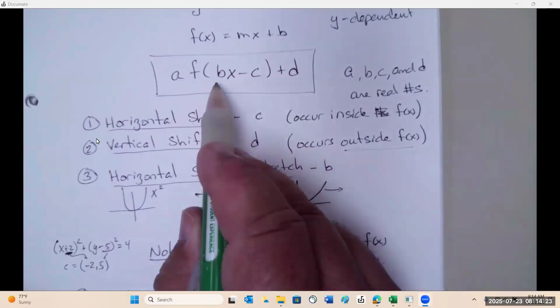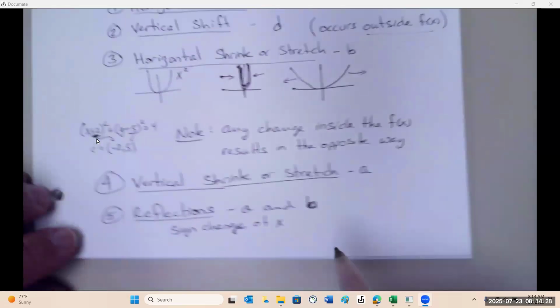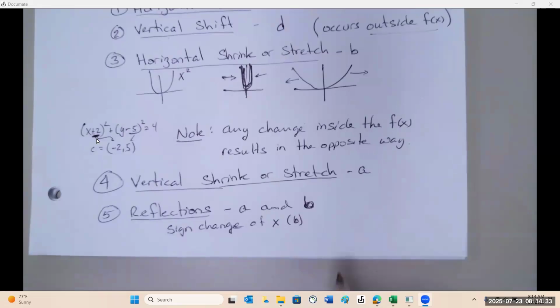Would be B, right? So B is going to be positive or negative. This is the B value.